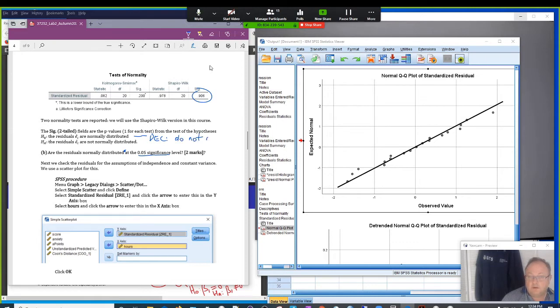Do not reject. And finish it all off. So that's 1 mark. And the statement is the residuals are normally distributed.